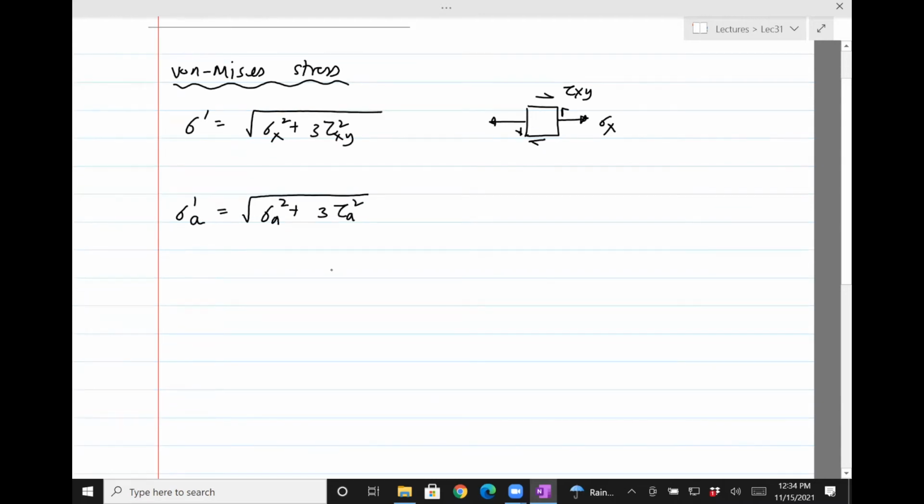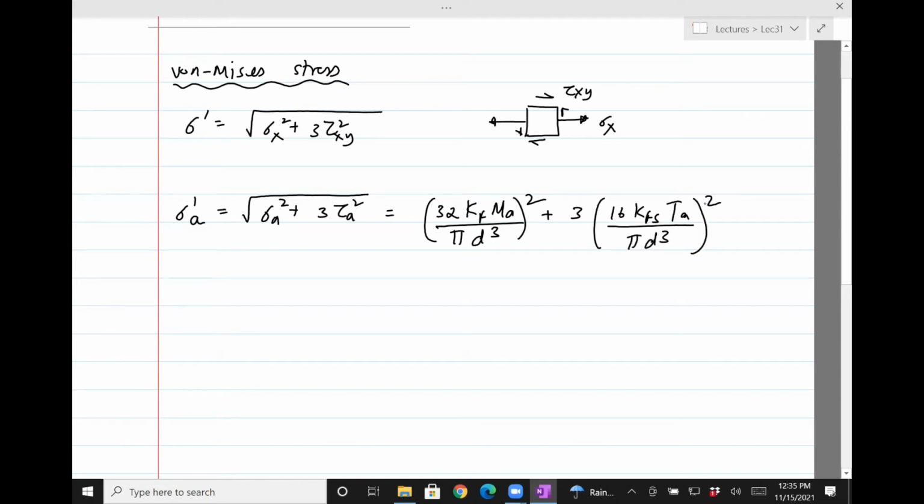Sigma A, you can go back to the formulas I wrote on the previous page and write in terms of the moment Ma. So it comes out to be 32 Kf Ma divided by pi d cubed, squared. I just substituted blindly from the previous page. And then we have the shear stress, 16 Kfs Ta divided by pi d cubed, squared.